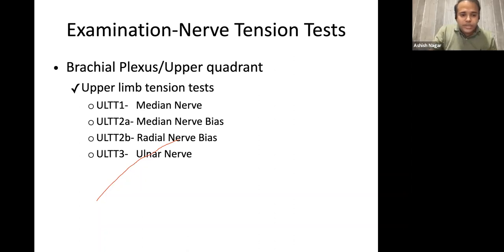In ULTT2, the patient and examiner's position is basically the same, only the movement pattern changes. So on the basis of movement pattern, it is called median nerve bias and radial nerve bias.